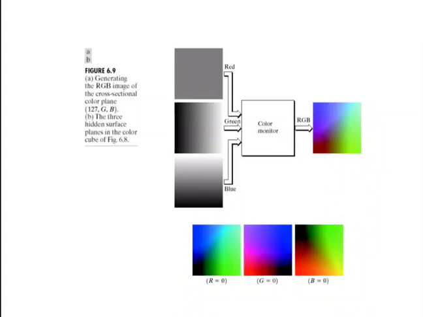Keep in mind that the same result is obtained by using the more familiar decimal notation. For instance, the brightest red in decimal notation has R equal to 255, that is FF, and G equal to 0 and B equal to 0.